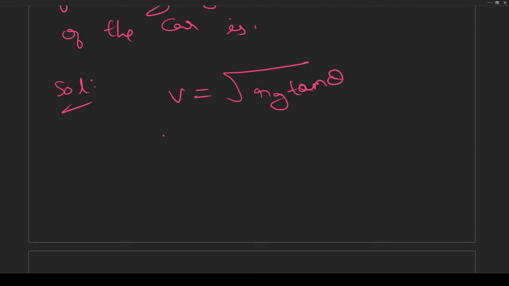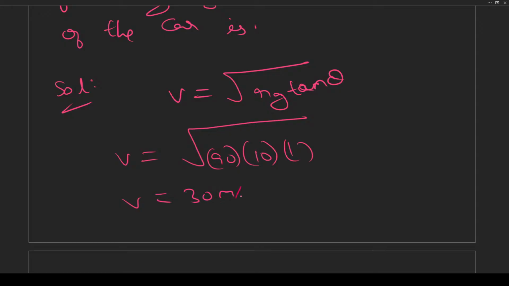Now substituting the values, V is equal to root of R, they gave 90, times g 10, tan 45 is 1. V is equal to 30 meter per second.